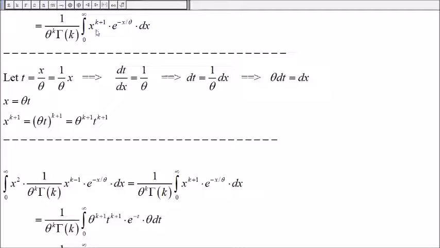We need x to the k plus 1, so from here, raise both sides to the power of k plus 1. So we have x to the k plus 1 equal to theta t to the k plus 1, which is theta to the k plus 1 times t to the k plus 1.